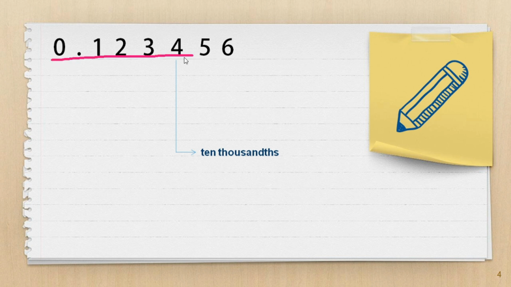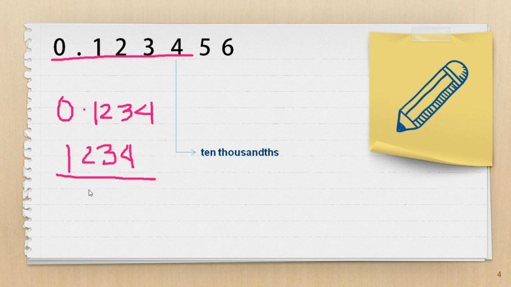Next is yung 4. Nasa ten-thousandths siya. So, if we have 0.1234, ang basa dyan ay 1,234 ten-thousandths. So, in fraction, we will write 1234, since ten-thousandths siya, over 10,000.